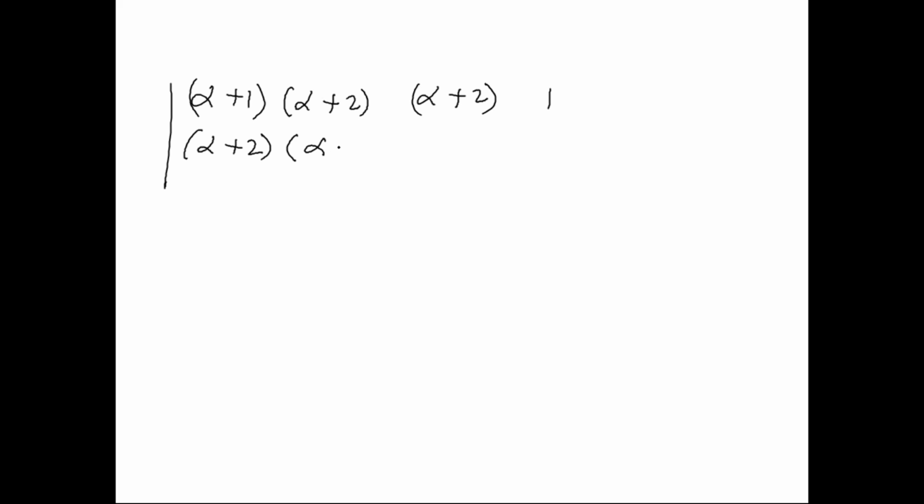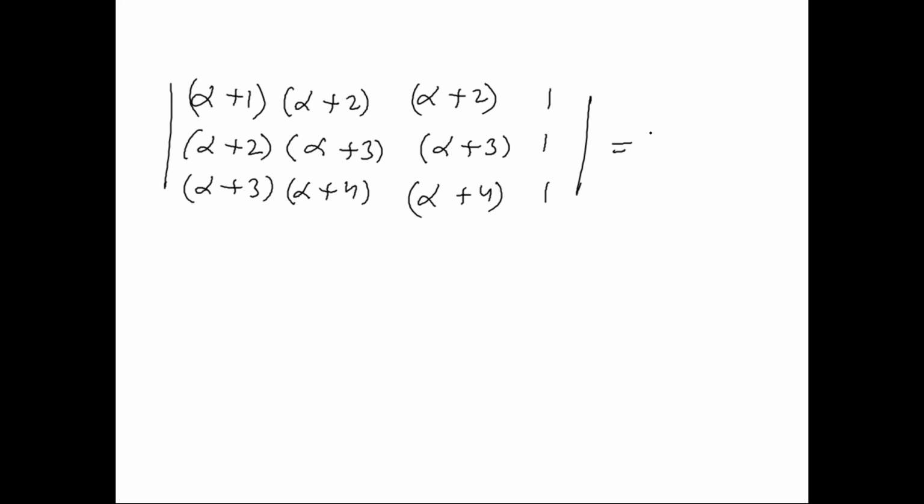Do this one first of all. This one is easy, and it will also help in building the logic. The determinant with rows: alpha plus 1, 2, 1; alpha plus 2, alpha plus 3, 1; alpha plus 3, alpha plus 4, 1, is equal to minus 2. We have to prove this. Please note, first of all, let us open up the brackets.